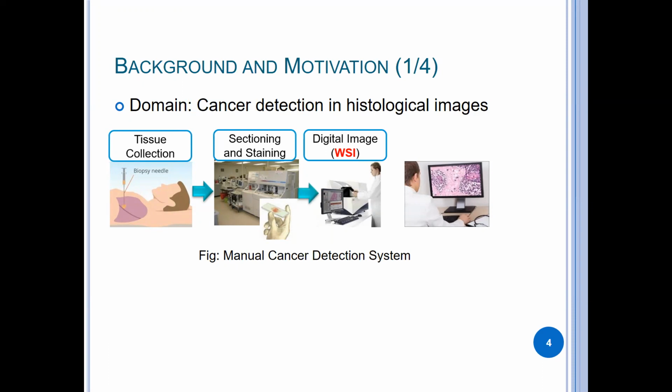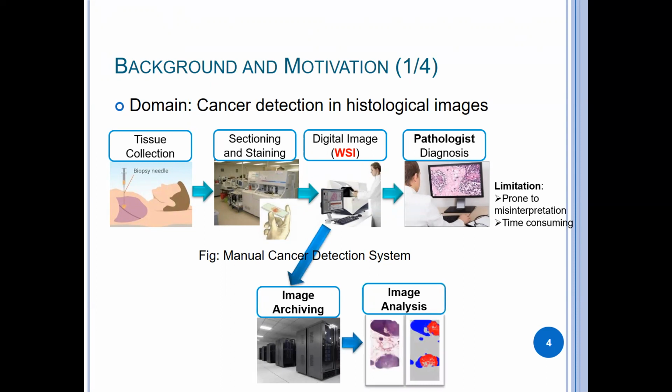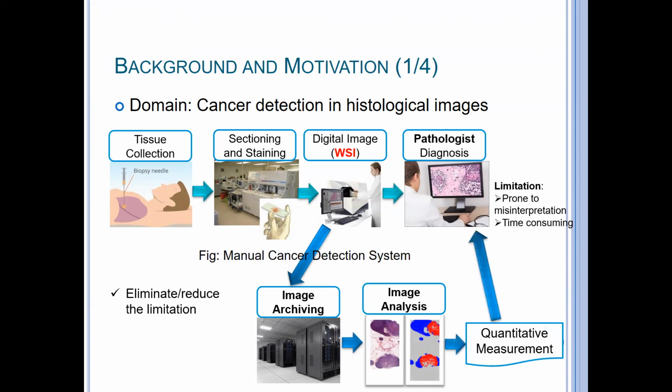Then they send it to the scanner to produce a digital image, which is called a whole slide image. From here, pathologists find the cancer affected area by looking into it, which is time consuming. Moreover, pathologists might misinterpret or overlook a small cancer affected area. In this regard, a computer aided cancer detection system could be a great help in reducing or eliminating the limitation.